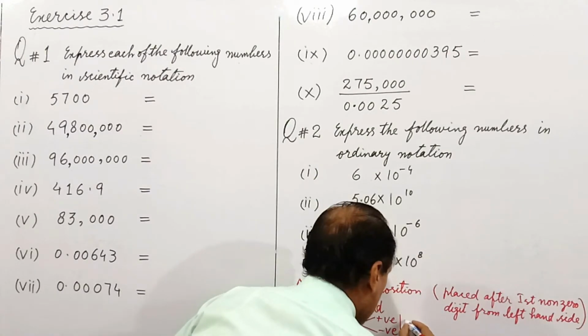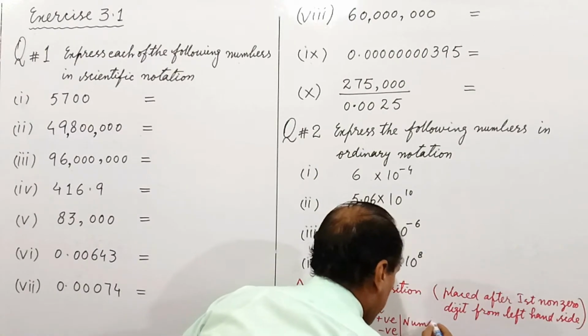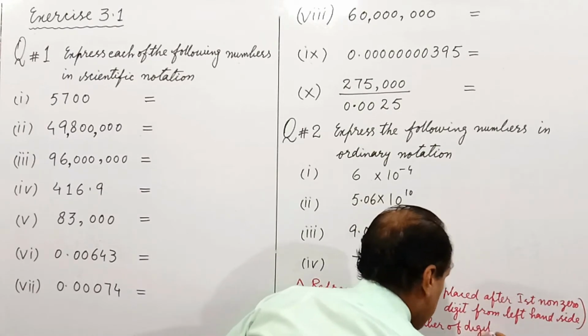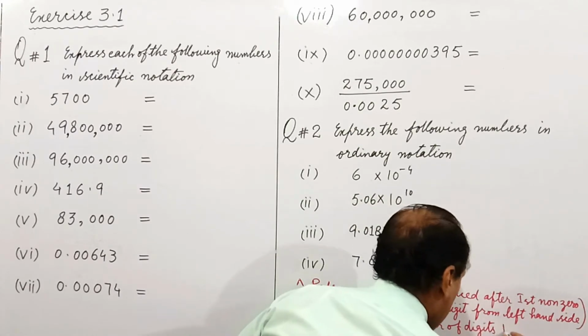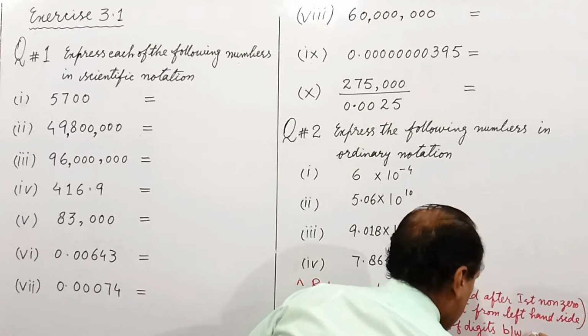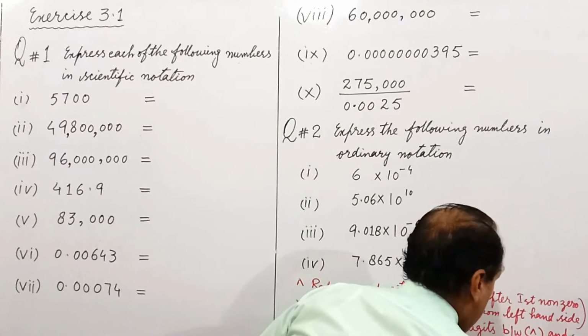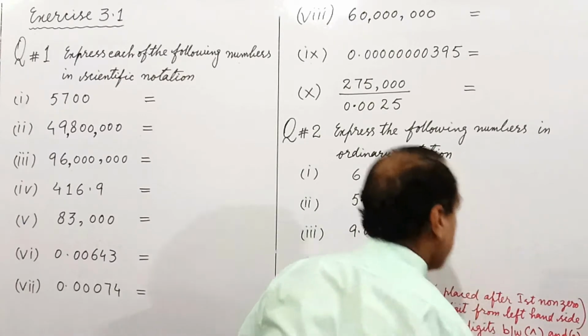whereas the power is determined by the number of digits between the reference position and the decimal point.